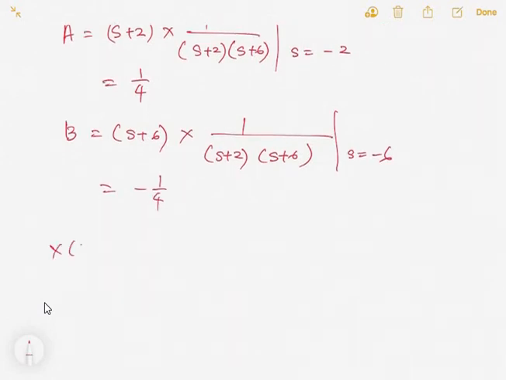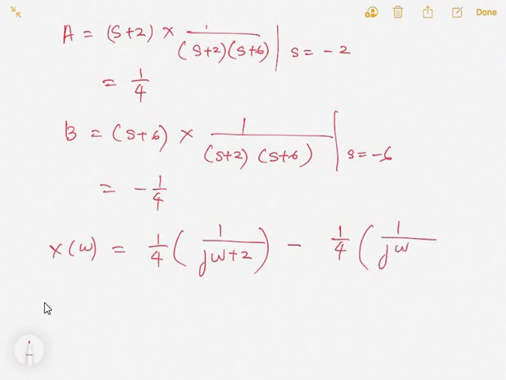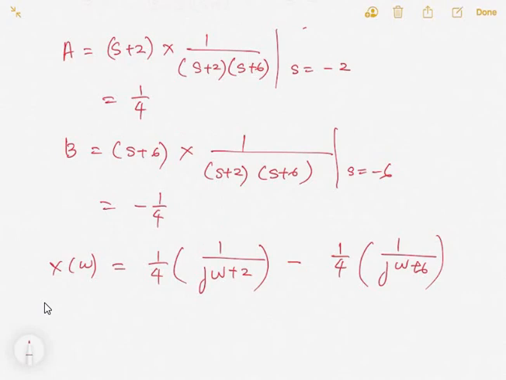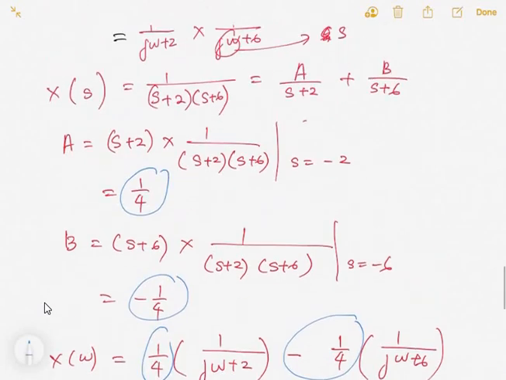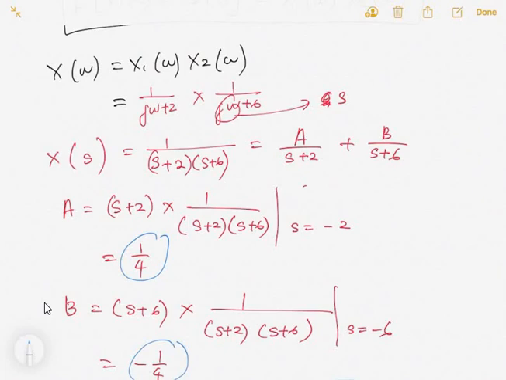So your X(omega) actually is 1 over 4 times 1 over j omega plus 2 minus 1 over 4 times 1 over j omega plus 6. This is because you substitute the values of A and B into the original question.